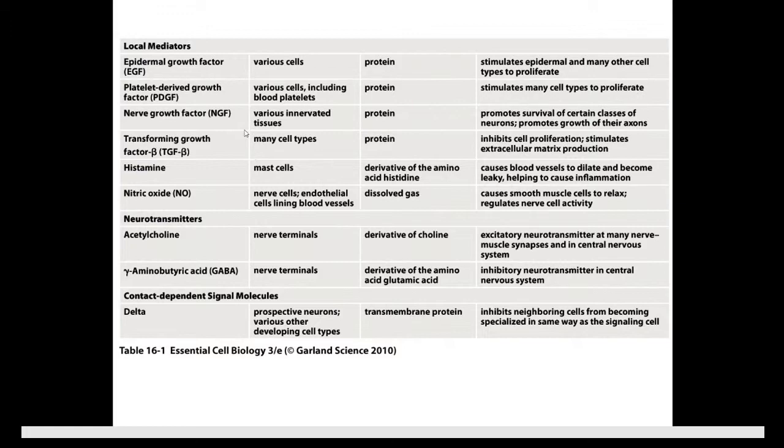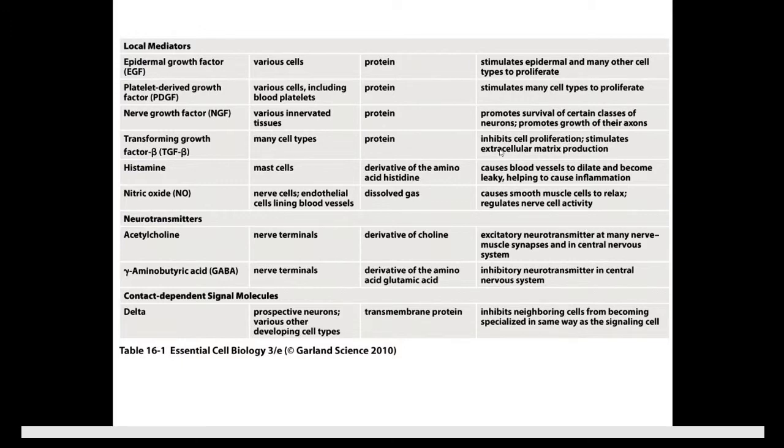Nerve growth factors are produced from various tissues and promote the survival of certain classes of neurons and the growth of their axons. Transforming growth factor inhibits cell proliferation. Okay, now it's a task: the epidermal growth factor promotes proliferation, while transforming growth factor inhibits cell proliferation.